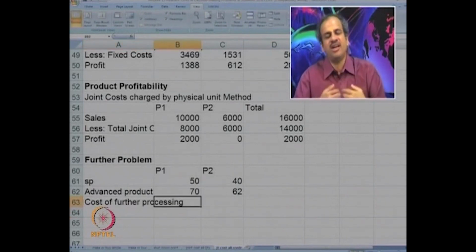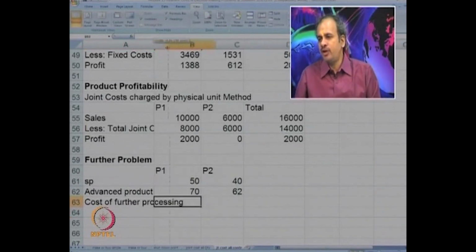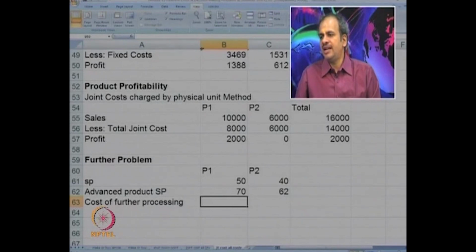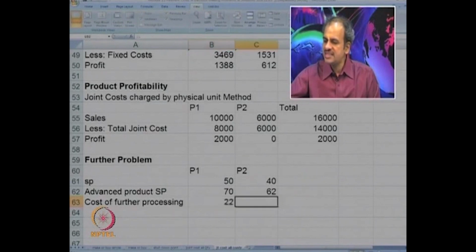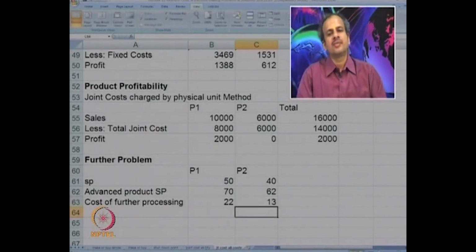But to make it an advanced product, I will have to spend on further processing, and the further processing costs are given to be 22 rupees and 13 rupees. Now, does it make sense to sell or not sell?